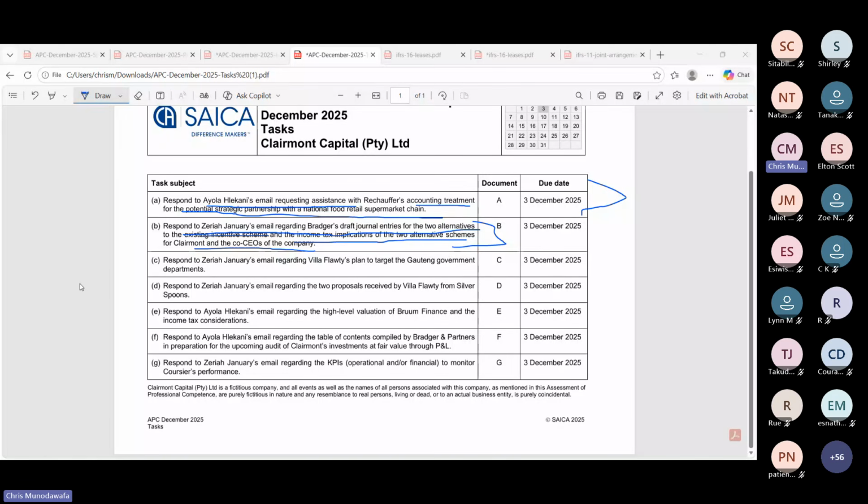Then accounting entries, measurement, and direction are addressed. For depth, you apply joint control: collective control may exist, but unanimous consent over relevant activities is needed. For the lease, identify the freezers and whether substitution rights are present. But the payment is variable, it is sales based, a variable payment based on revenue. Does it qualify as a lease payment?